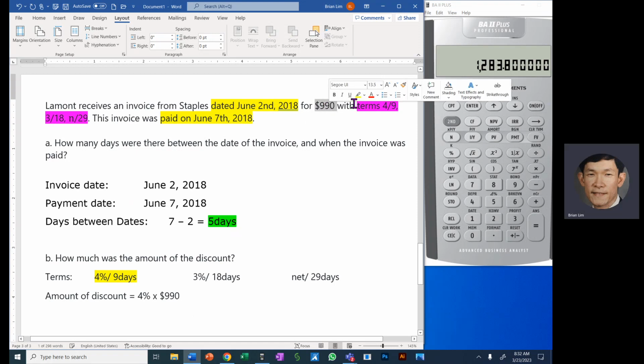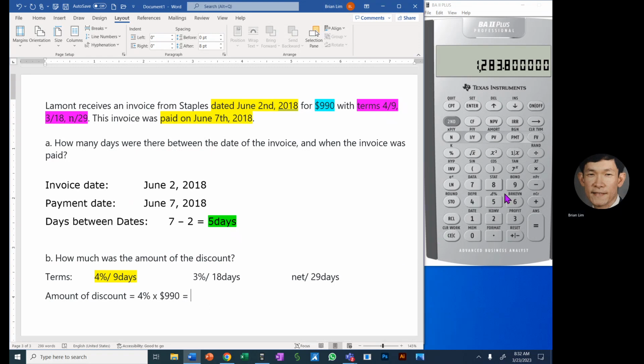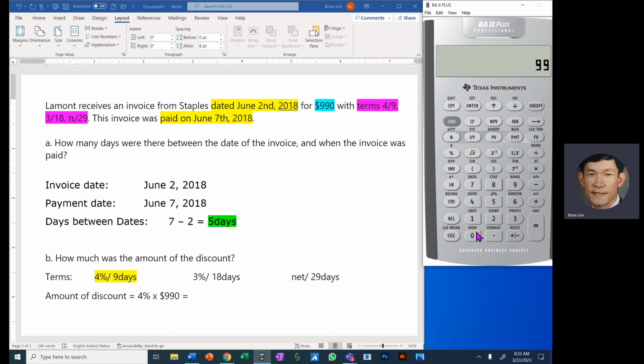If you wish, we could use turquoise maybe. And there we are, 990. And with that, that gives us an amount. So like I showed you before, you could put 990 and then multiply by 4, but don't forget to click on percent. So it becomes 0.04. Or you could convert it yourself and put 0.04 times 990 or 990 times 0.04. And that is equal to $39.60.